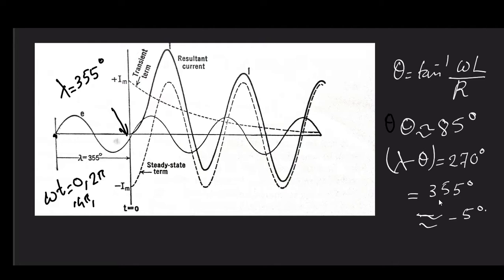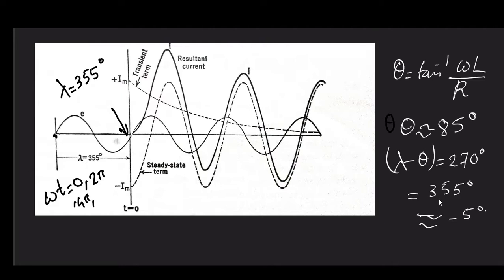Forget everything. Take a very lagging inductive circuit. So what can you expect? You can expect that your current waveform should lag your voltage waveform by an angle of nearly 90 degrees. So forget about this minus 5 degrees, let us assume this is 0.